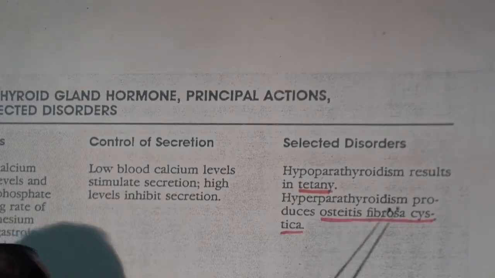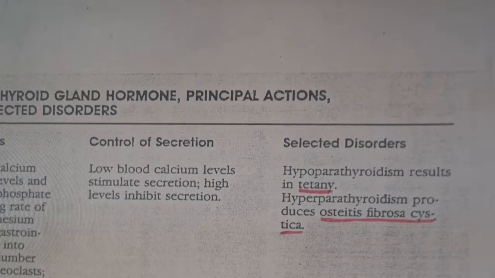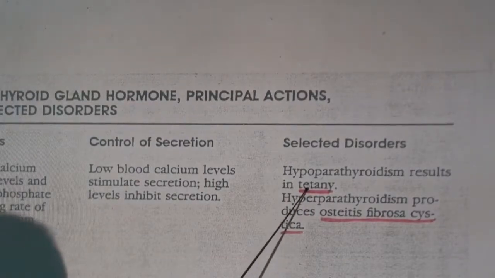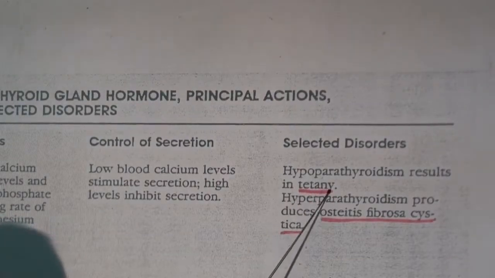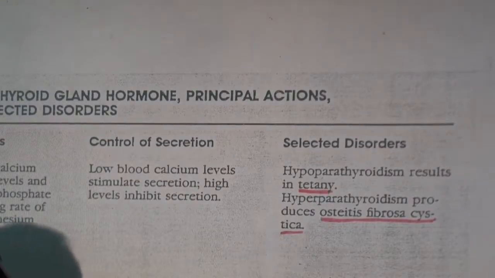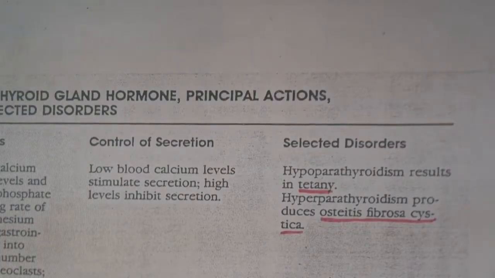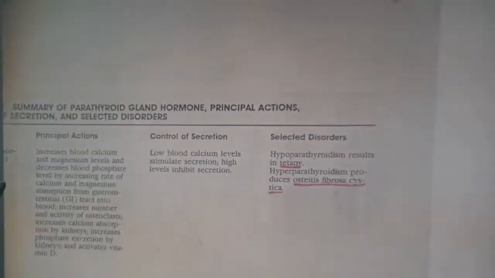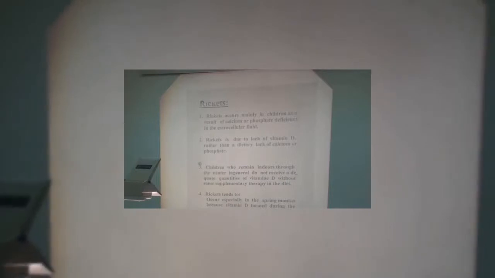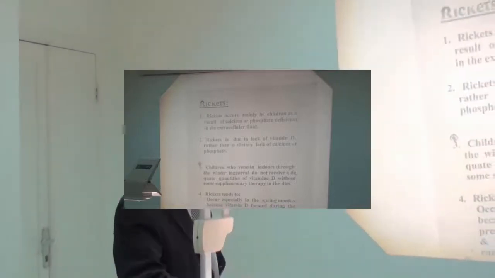But hyperparathyroidism produces osteitis fibrosa cystica, softening of the bones. So hypo produces tetany and hyper produces osteitis fibrosa cystica. Of course, severe tetany causes death, as well as severe osteitis fibrosa cystica.